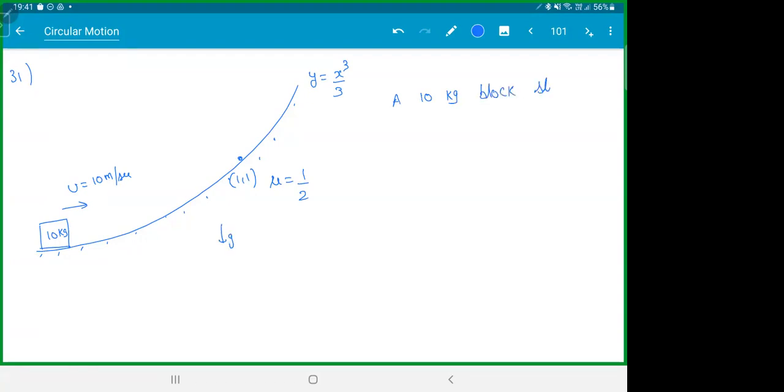A 10 kg block slides on a rough curved path with constant speed 10 meters per second. Find the frictional force at (1, 1). Find normal reaction and friction at (1, 1).